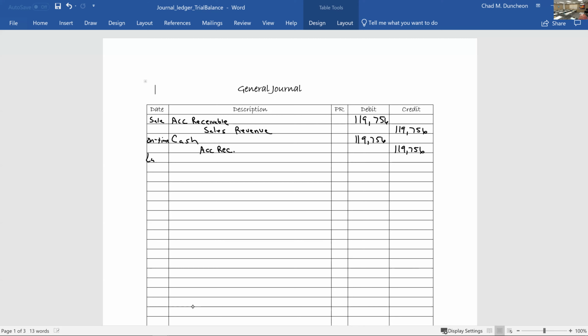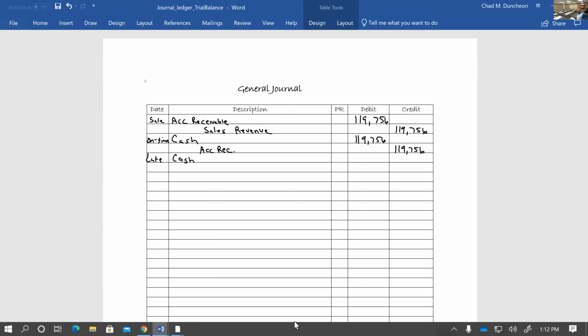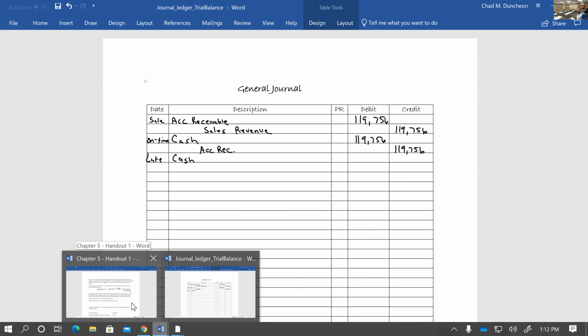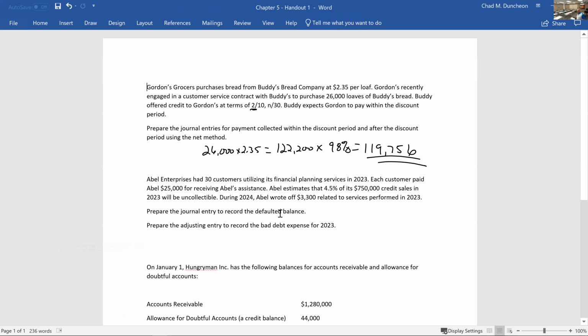However, if it was late, then we are going to receive the full amount of the selling price. So if we look here, the full amount was this 122,200.